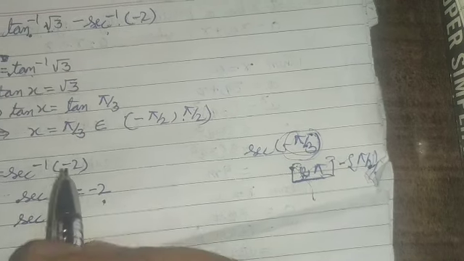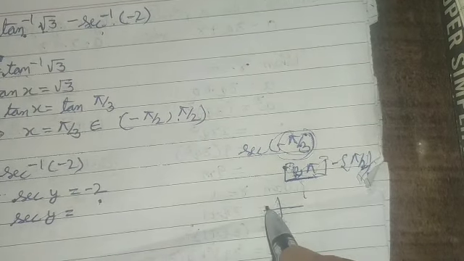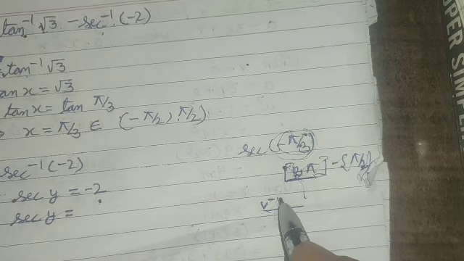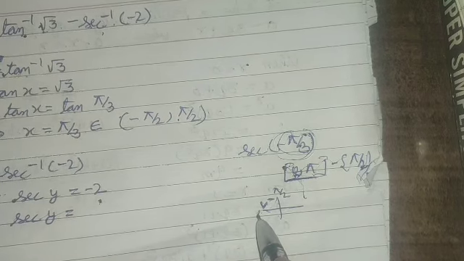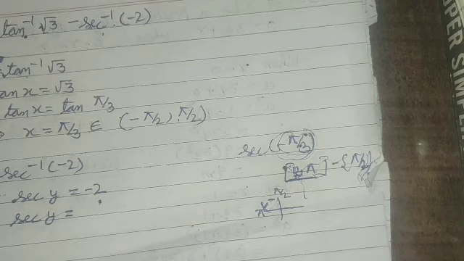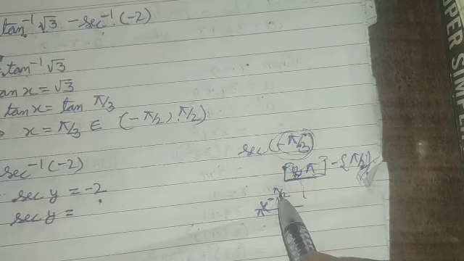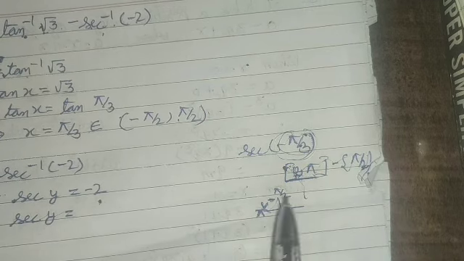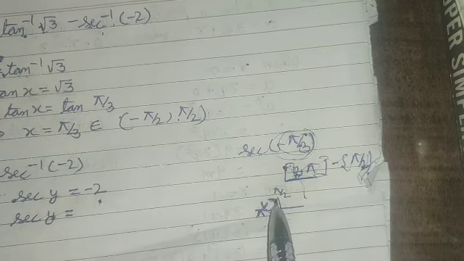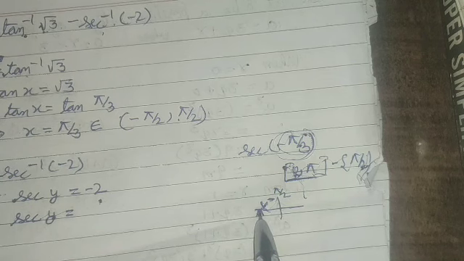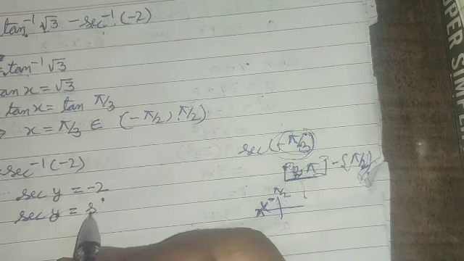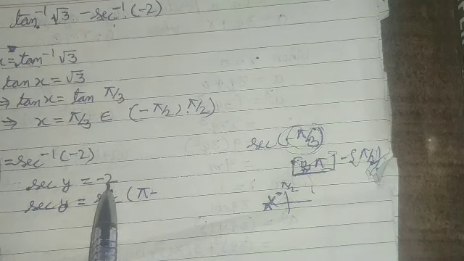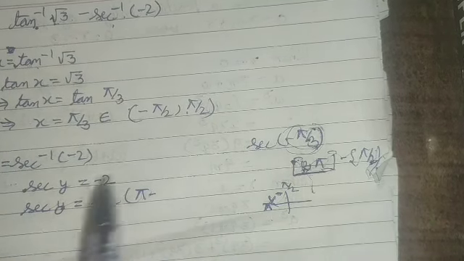So for that, what will we do? We will proceed to the second quadrant. In the second quadrant, sec is negative. You can say from pi by 2 to pi, the value of sec is negative. So we can take the value of sec inverse between pi by 2 to pi, and this value will be sec of pi minus pi by 3, which is minus 2.